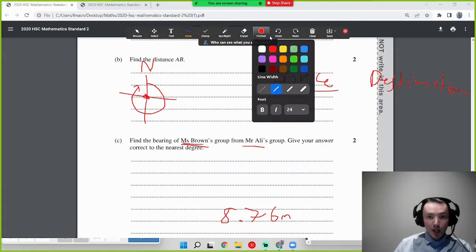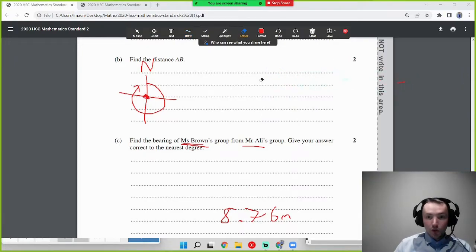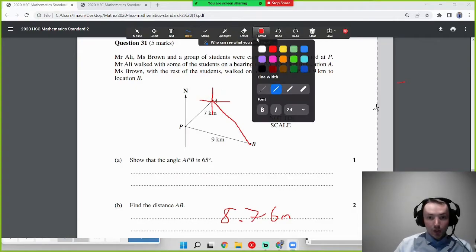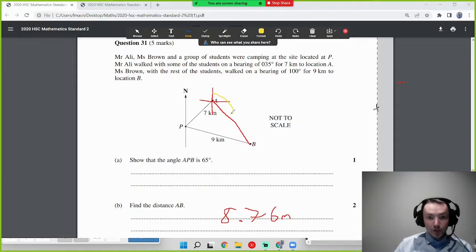So if we go back to our diagram, Mr. Ali's here, and let's say we draw a line like this. The angle we're interested in, and I'll change the color, is this angle right here.